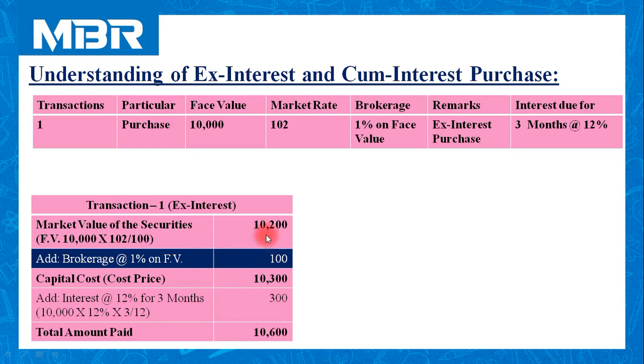So 10,200 plus brokerage 100 is equal to 10,300. And this 10,300 is known as the capital cost or cost price of the investment. Why? Because the term is 102 ex-interest. In this transaction, 102 is a rate given for only the security.